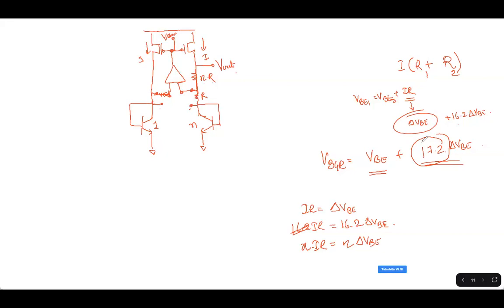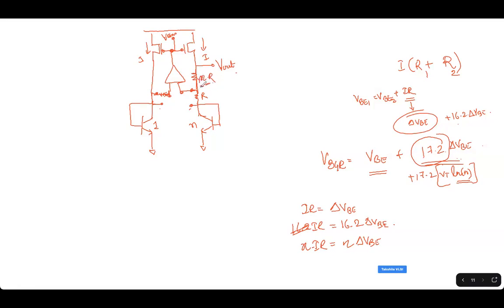But did I miss something? There was a particular ln n. That ln n is coming in del VB, right? So it is basically 17.2 VT ln n. So ln n also plays a role there. You can play with ln n numbers, and I confused you with this number n and m.